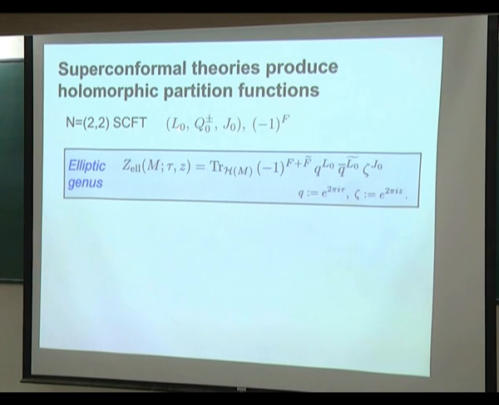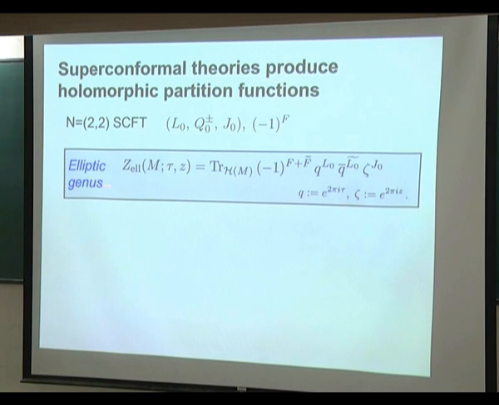So what that means is that there's an infinite dimensional algebra with lots of currents, left and right moving currents, and the important charges for us are these three. So there's the Hamiltonian L0, there are two supercharges Q0 plus or minus, and there's a U(1) R current J0, and there's a Z2 charge as well, which is the fermion number (-1)^F.